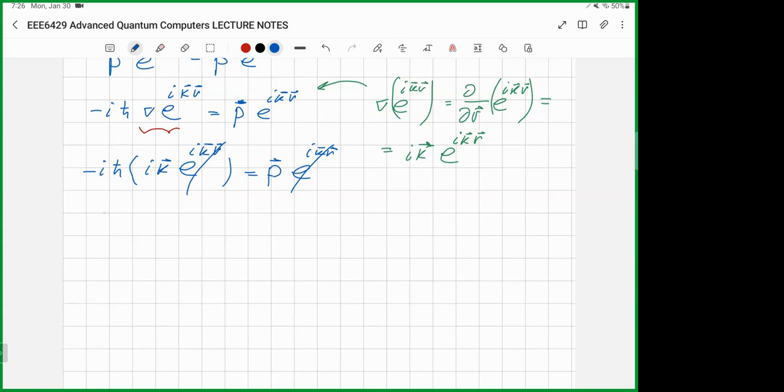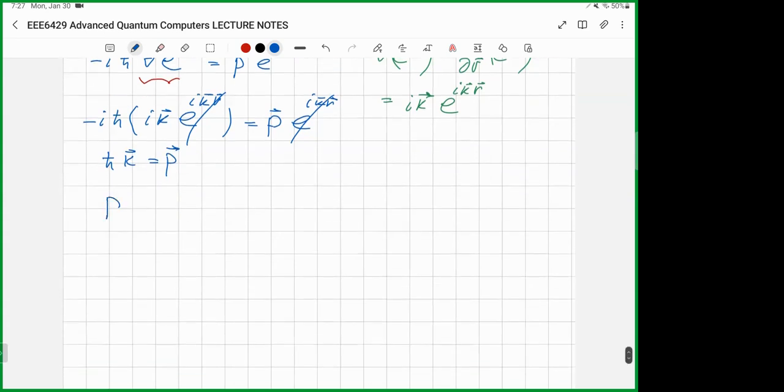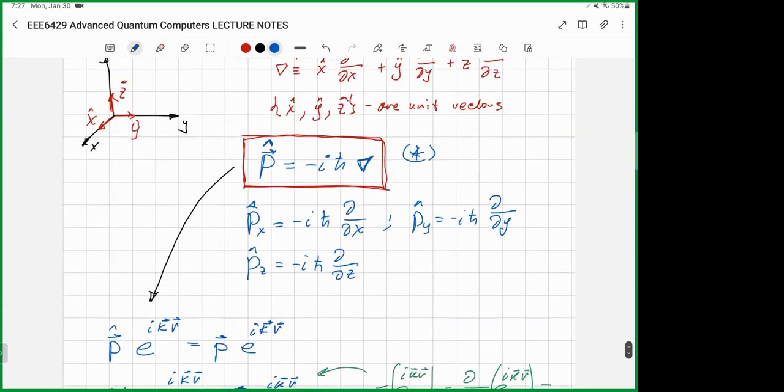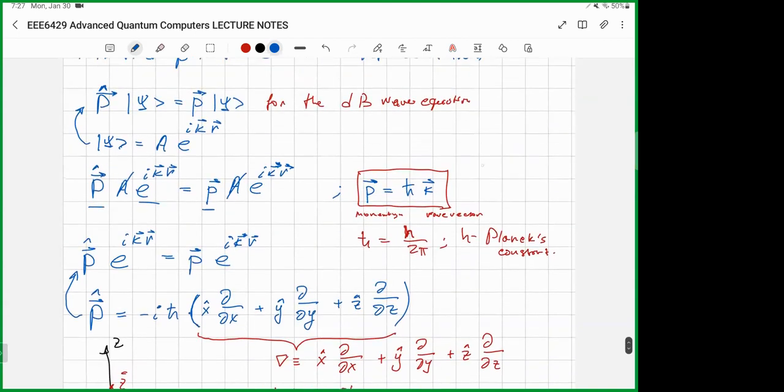So I get ħk equals momentum. So momentum is equal to ħk, which is the classical definition for the momentum of the particle, what we discussed just here, talking about Planck's formula.